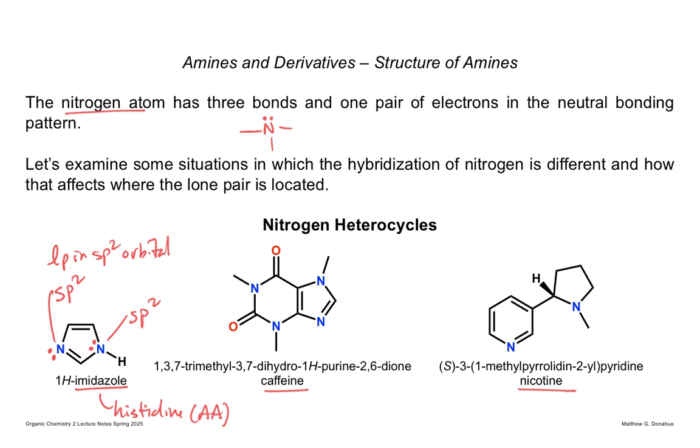For the one on the right, we're showing 3 sigma bonds. So the lone pair has to be in a p orbital. And that will allow it to achieve conjugation with those pi bonds.